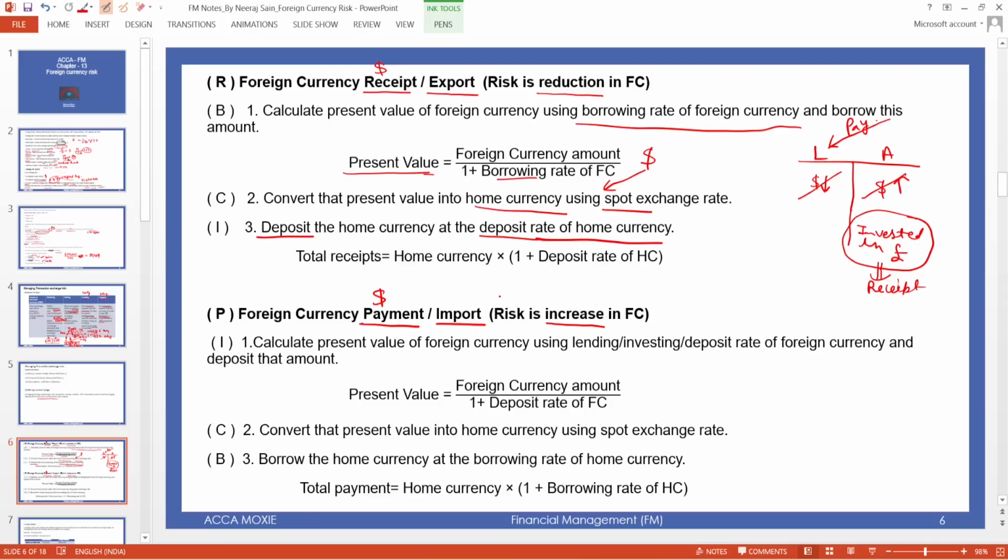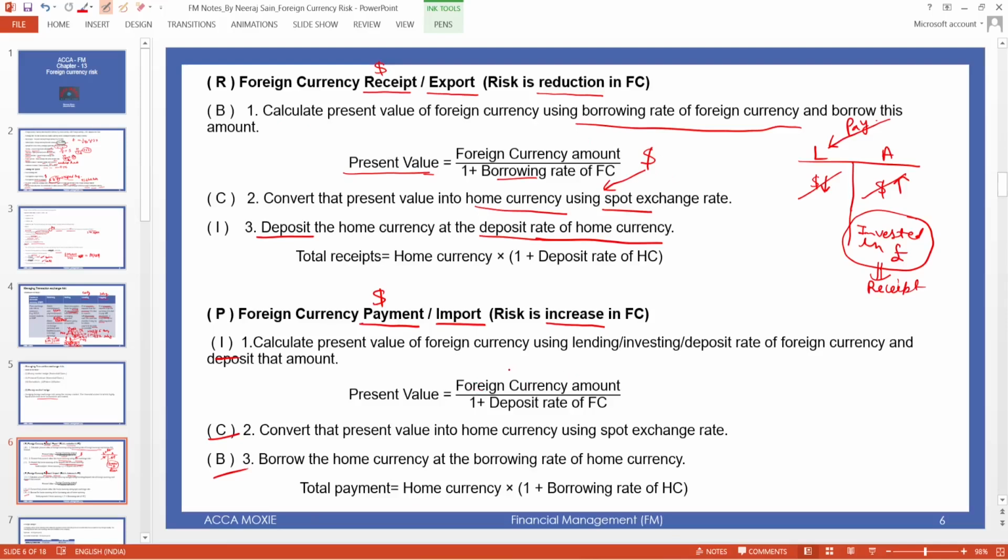Your dollar value will increase or your home currency like pound will depreciate, so you have to pay more. So these are the 3 steps we need to follow: first invest, then convert, then borrow. Simple, but only the opposite of these steps. In the payment, we do the opposite of the receipt.